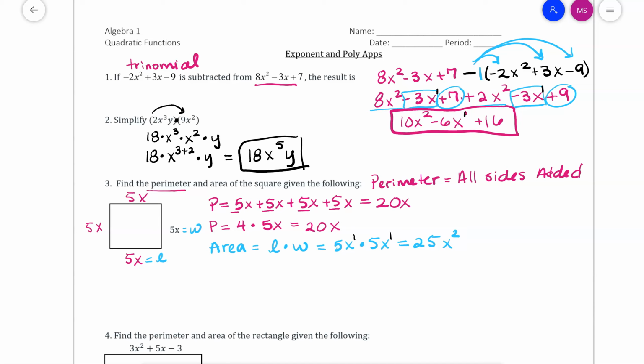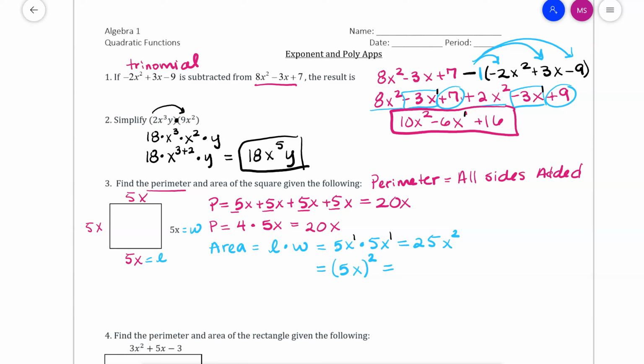All right, there's also another way to do this. If you're multiplying a number by itself, you use exponents to signify that. So you're multiplying 5x by itself twice. So you can raise 5x, that monomial, that one term, to the second power.